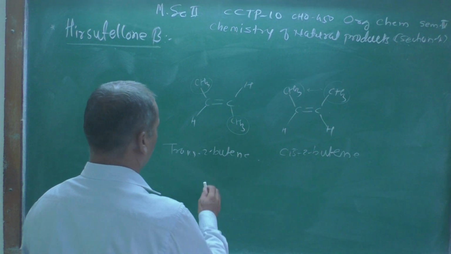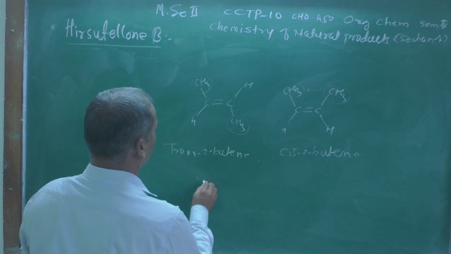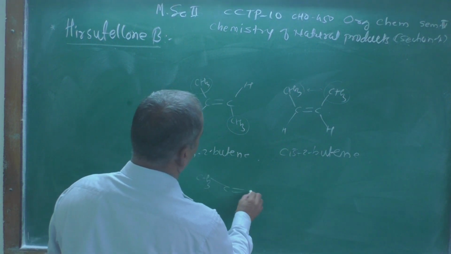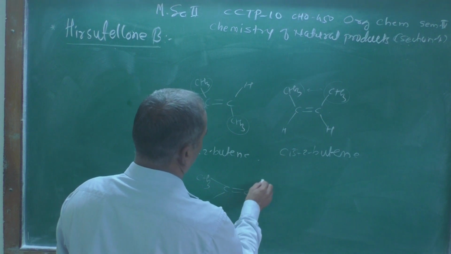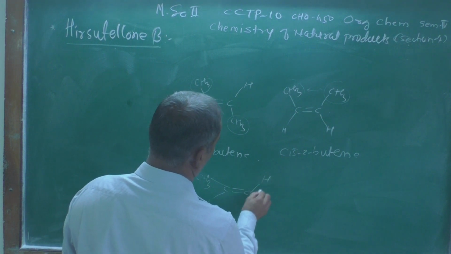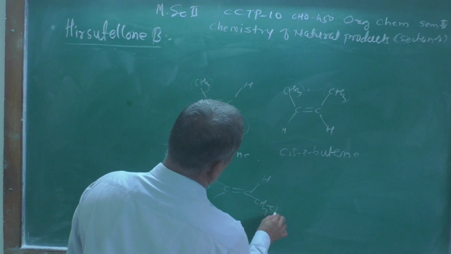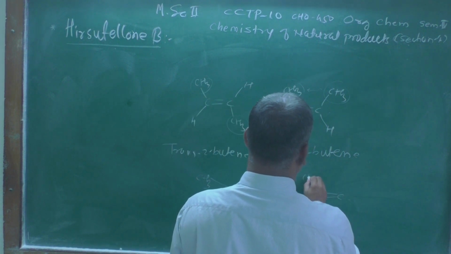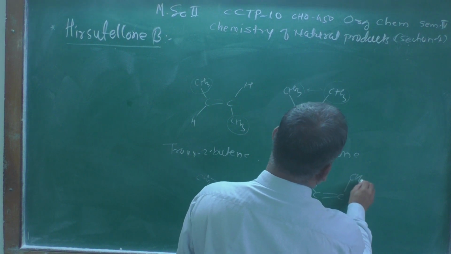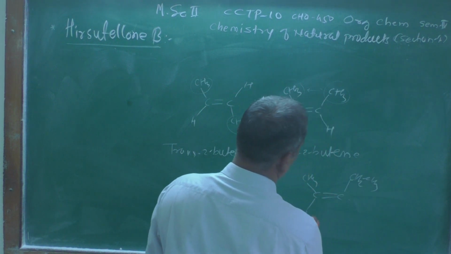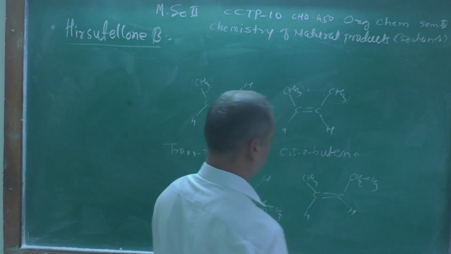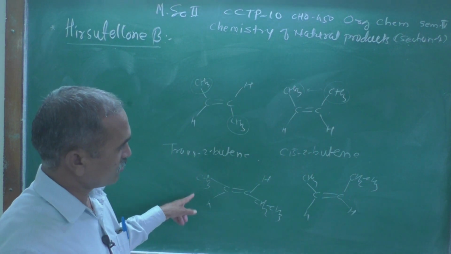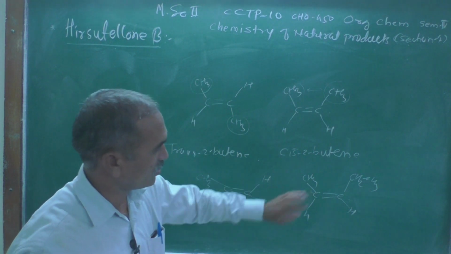Let me take another molecule: here CH3, C double bond C, H, here is a H, then CH2, CH3, again C double bond, here CH3, here CH2, CH3, H, and here also H. Look at this one, is it cis or trans?